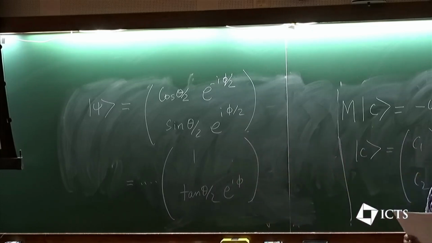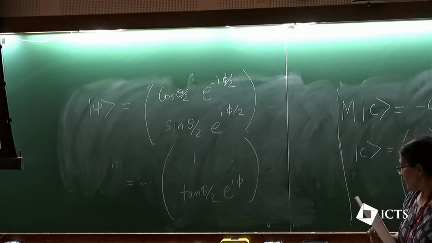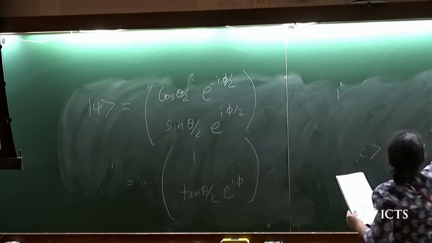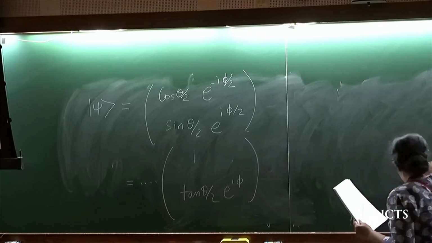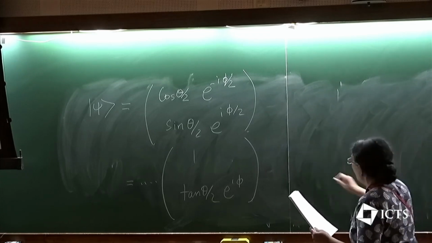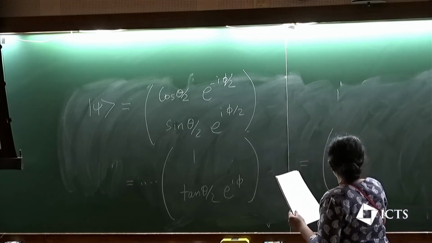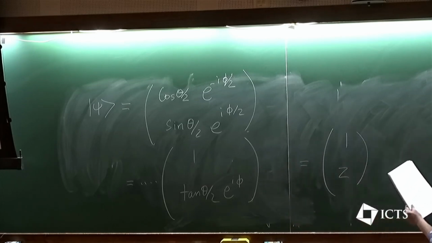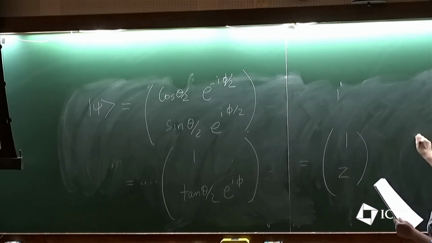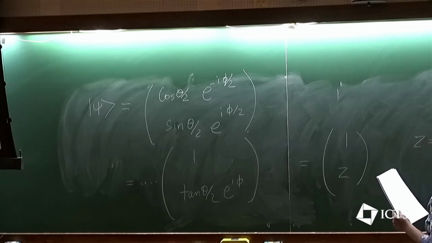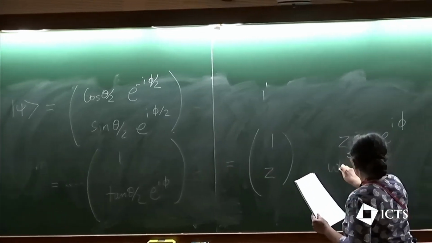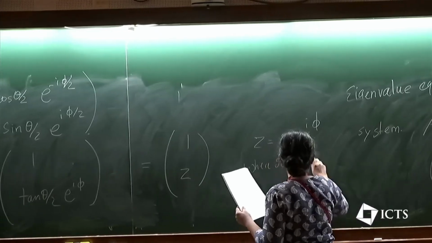So this actually brings us to a very interesting point. This particular representation is basically what we can write as (1, z), where z is a number in the complex plane. So z equals r e to the i phi, where r equals tan theta by 2.